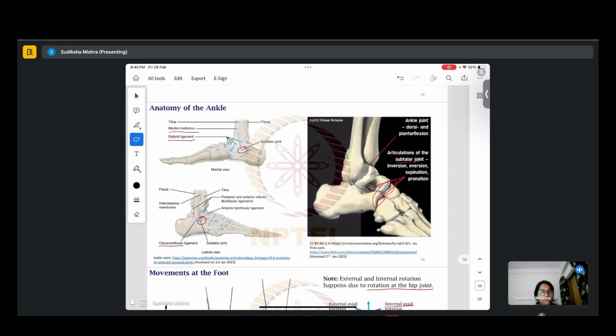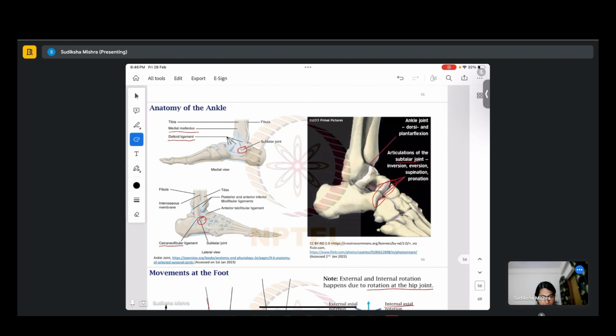So a lot of wear and tear happens here, and a lot of injuries when a person falls might happen at the ankle, because it bears a lot of weight. Basically it needs to be stable enough to hold the weight, and it also needs to be flexible enough to perform all the articulations that might be required for the functioning of the foot.